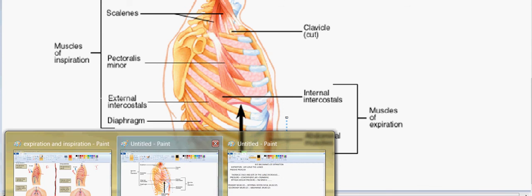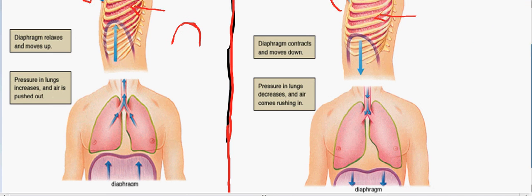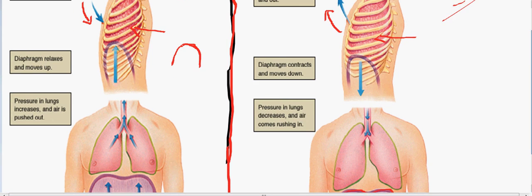During inspiration, the diaphragm contracts and moves down. The diaphragm generally has a dome shape, like an inverted U. This dome shape is the normal shape of the diaphragm, but during inspiration it tends to become flat so that the lungs can expand and air can come easily from the atmosphere.